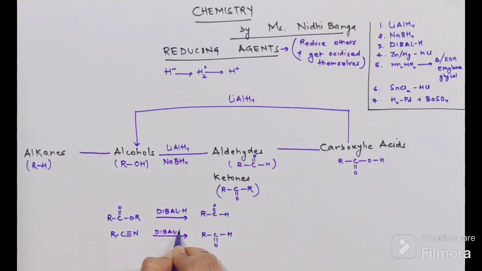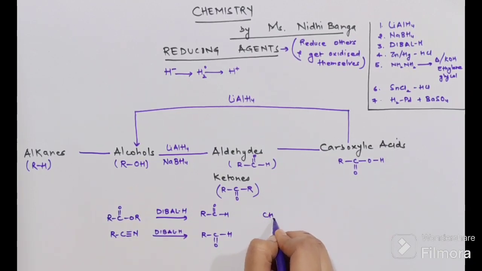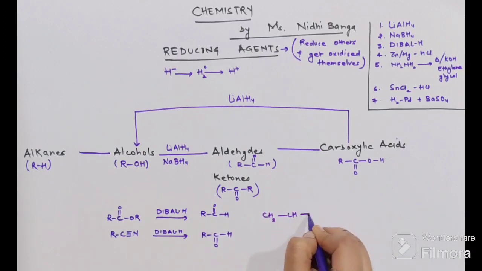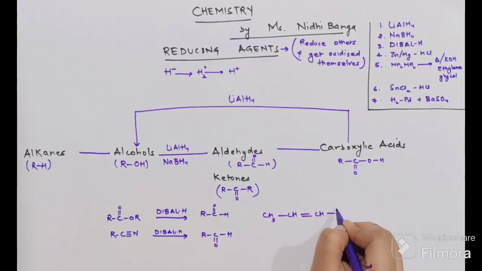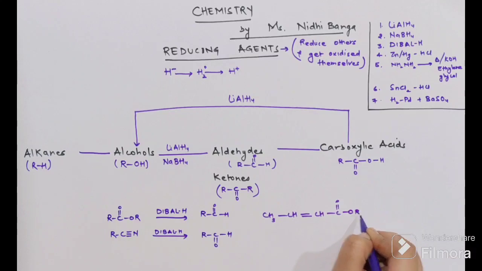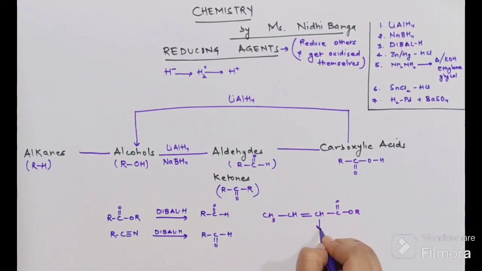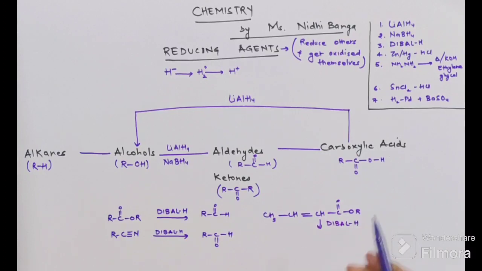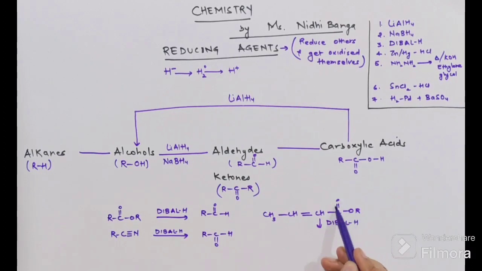But DiBAL-H has a special property, and that property is that apart from being milder than lithium aluminum hydride, it's also very selective. As in, if you have a compound where there is, let's say, a double bond, then upon treating this with DiBAL-H, reduction takes place only in this area.